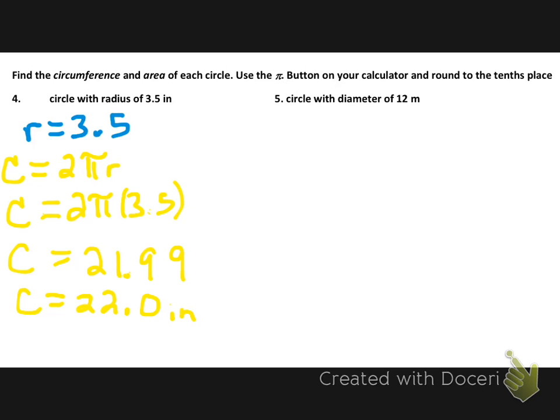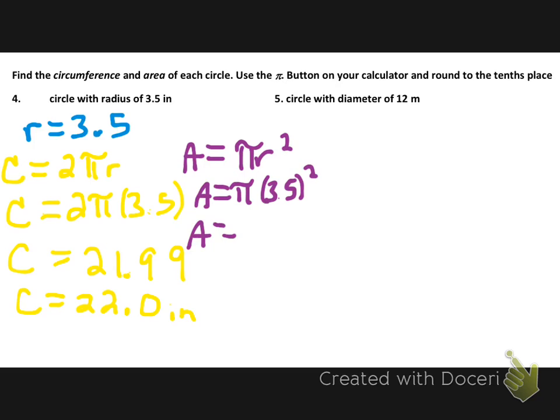Now looking at finding the area, the area, remember, is pi r squared. So we're just going to take our pi times our 3.5 squared. When we punch that in the calculator, remember to use that pi button, it is 38.5 inches squared.